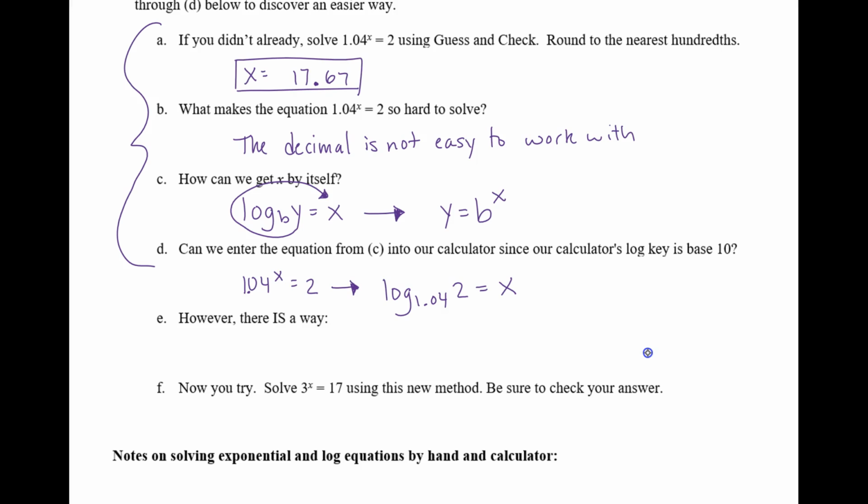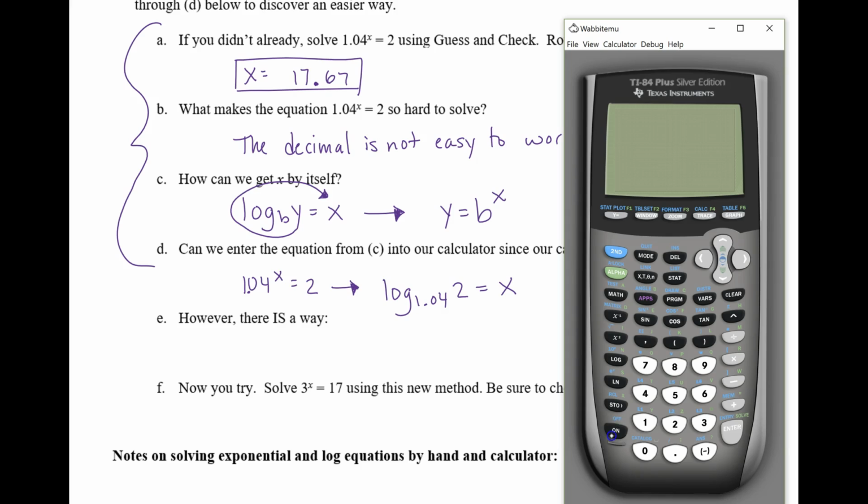Now the issue here is, on our calculator, if I just press the log button, what is the base on this generic log button? I told you this, all the way back from Tuesday. 10. Is that the base that we had here? No. So how, in our yellow calculators, do we find the log of a base other than 10? We don't press second.